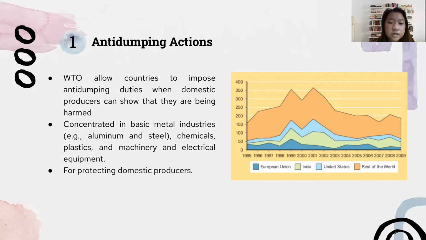Anti-dumping action seems to be concentrated in certain sectors, such as basic metals industries like aluminum and steel, chemicals, plastic and machinery, and electrical equipment. Countries were using anti-dumping action as a means of protecting domestic producers, and the most frequent target of these actions was China. Next.